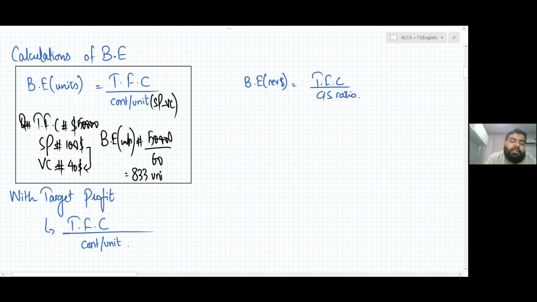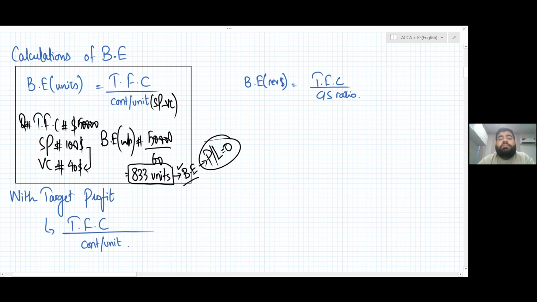Almost 833 units. These are the units that the business will sell, and when it sells this number of units, 833, it will reach the break even point, meaning the point at which the loss is recovered and the business profit or loss is zero.